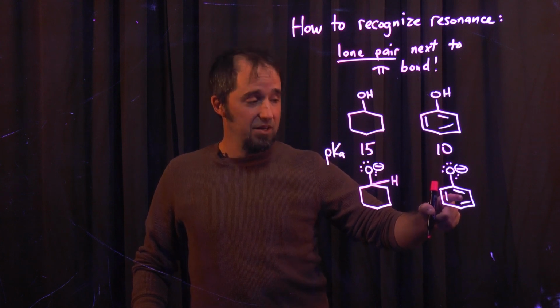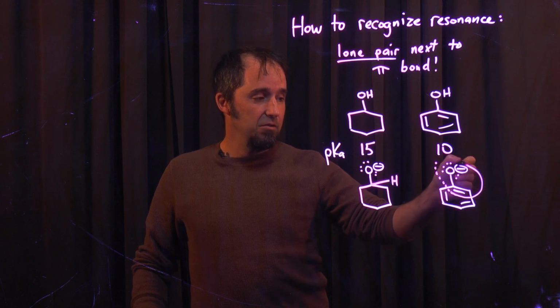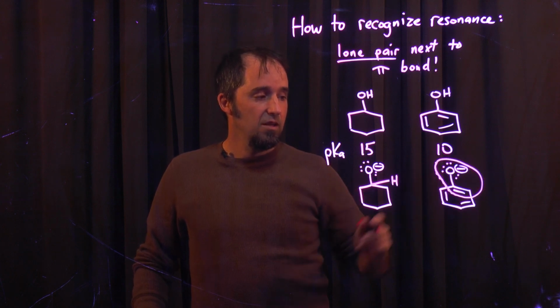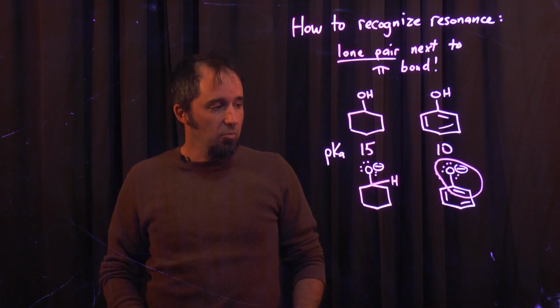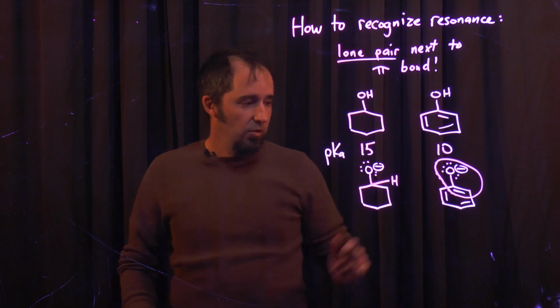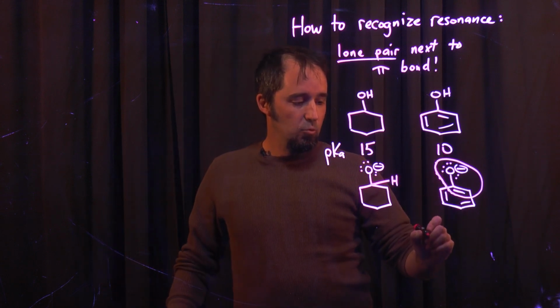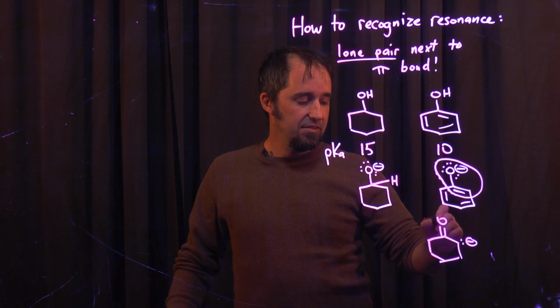Not on the pi bond, but next to it. And so I have this 3-atom chunk. And that's my pattern. That's the pattern I'm looking for. A lone pair next to a pi bond, that 3-atom chunk. When I have that, I can redistribute the electrons to put that lone pair on this carbon.